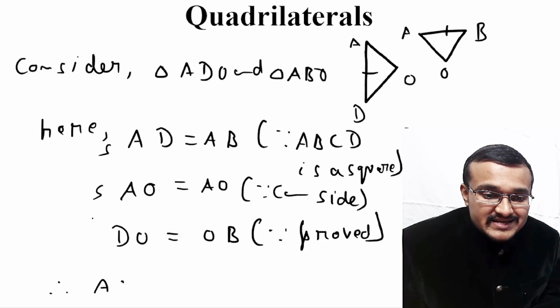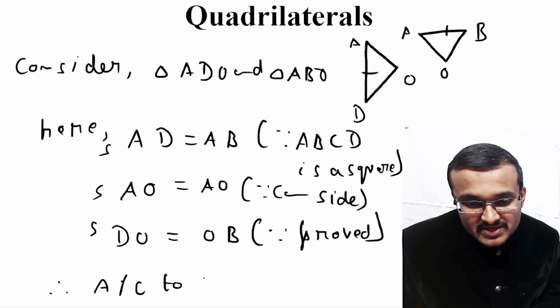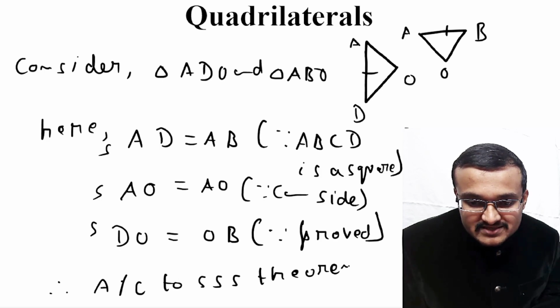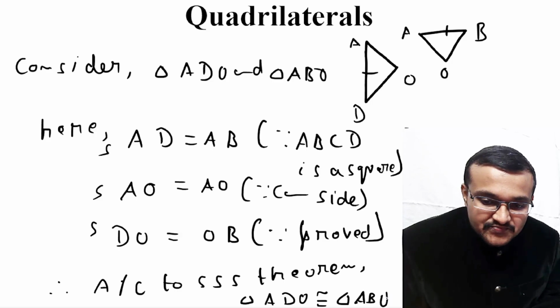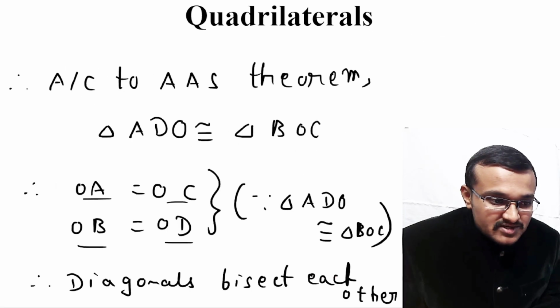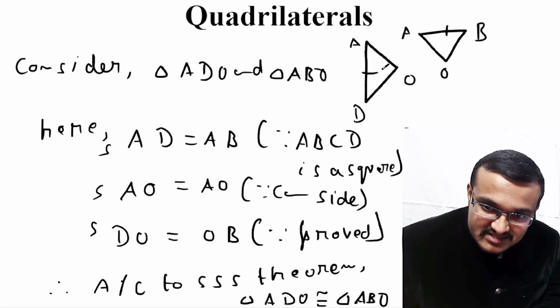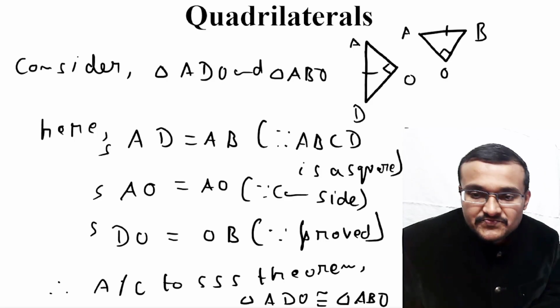So according to the SSS theorem, triangle ADO is congruent with triangle ABO. Since these two triangles are congruent with each other, this angle and this angle will be equal to each other.